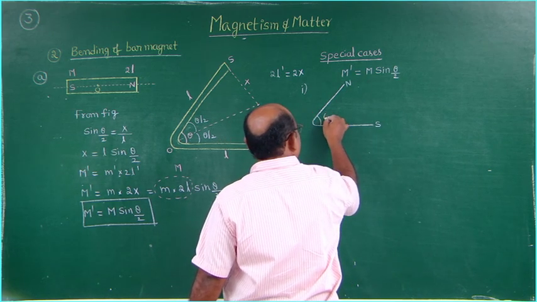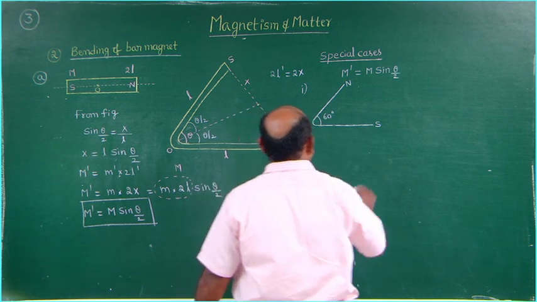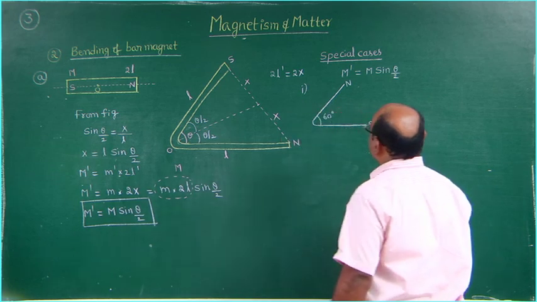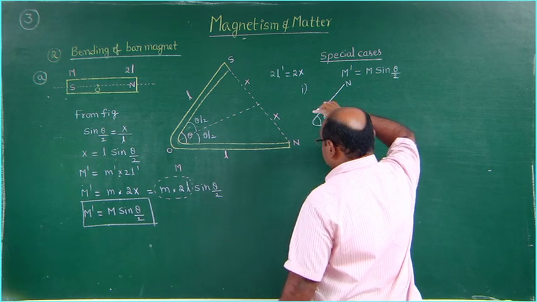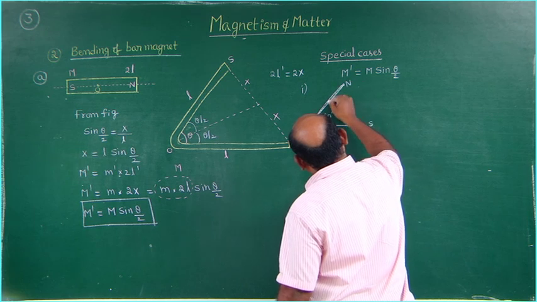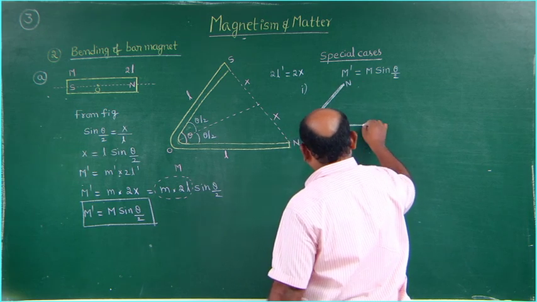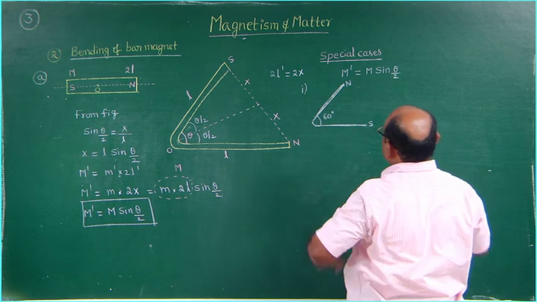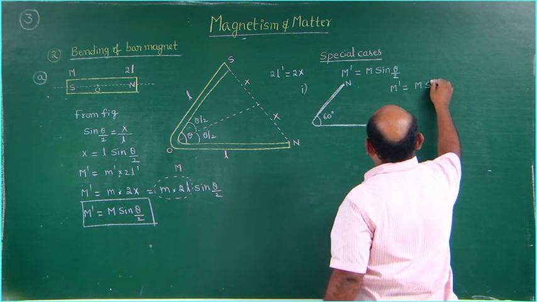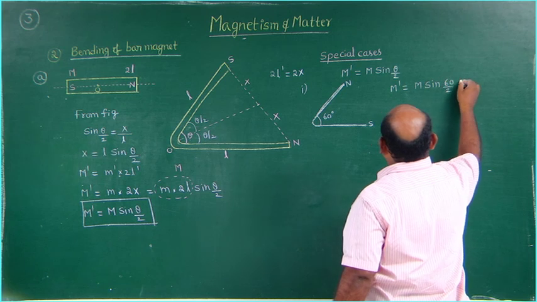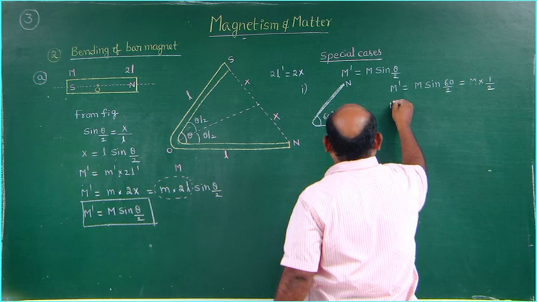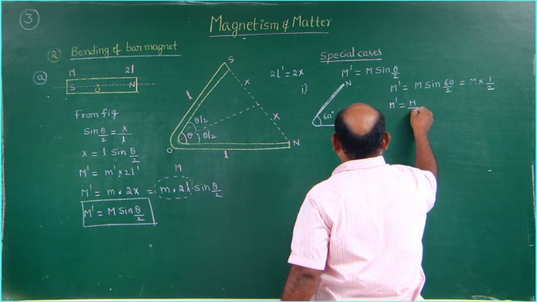If it is making an angle 60 degree, this is the question: if the bar magnet is bent such that it is making an angle 60 degree, what is the new magnetic moment? Let us substitute here. M dash is equal to M sine 60 by 2, that is M into sine 30, which is 1 by 2. The new magnetic moment M dash is equal to M by 2.